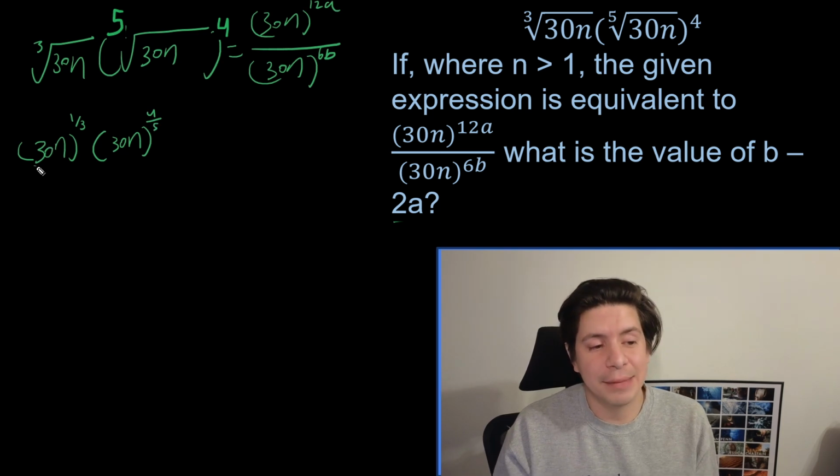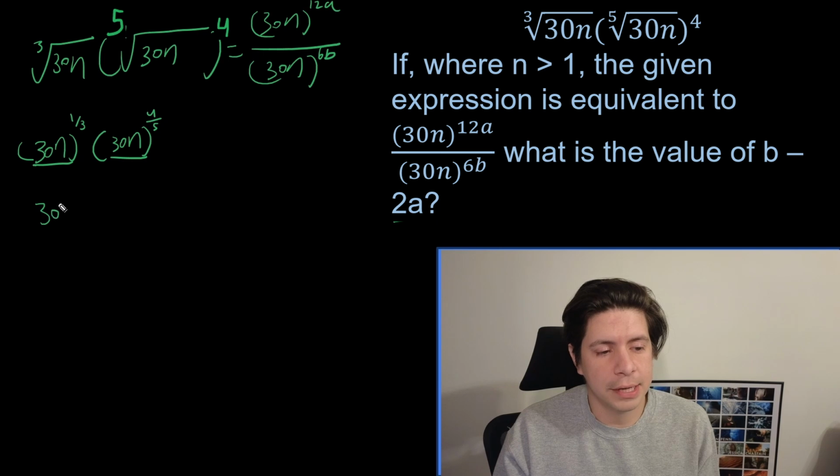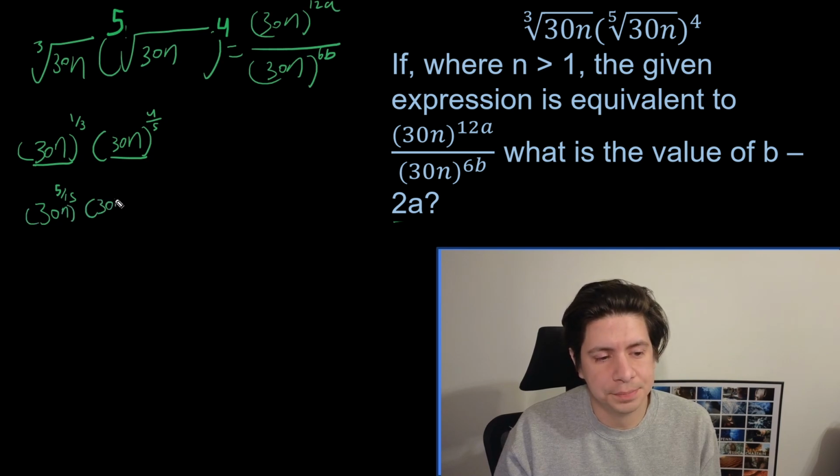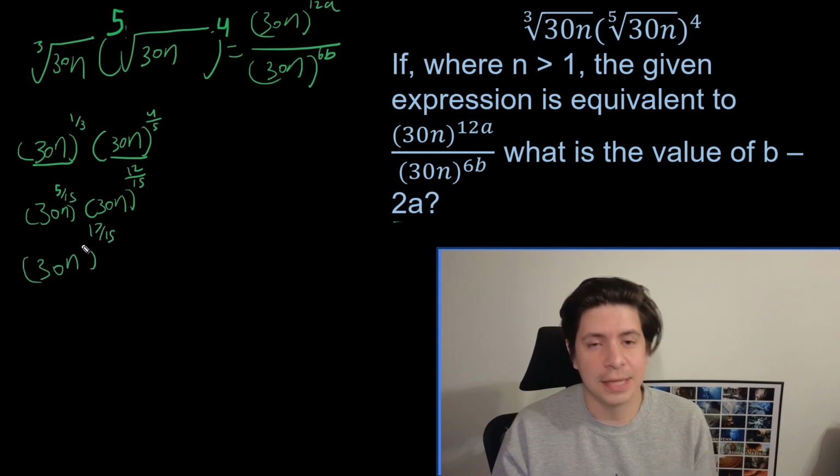Now we can combine that because the bases are the same, and we're going to get 30n to the 5/15 times 30n to the 12/15, and that's going to give us 30n to the 17/15. Okay, that's one side.